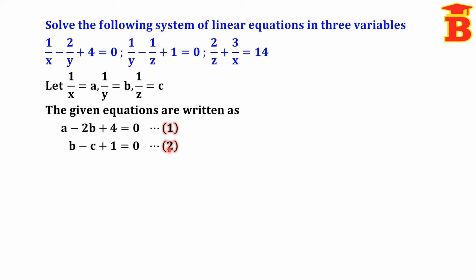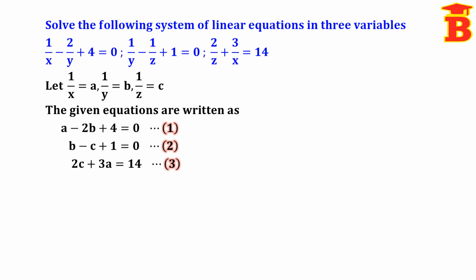Take it as equation 2. Next, third equation, 2 into 1 by z is c, that is 2c, plus 3 into 1 by x is a. So this is 3a equal to 14. Take it as equation 3.